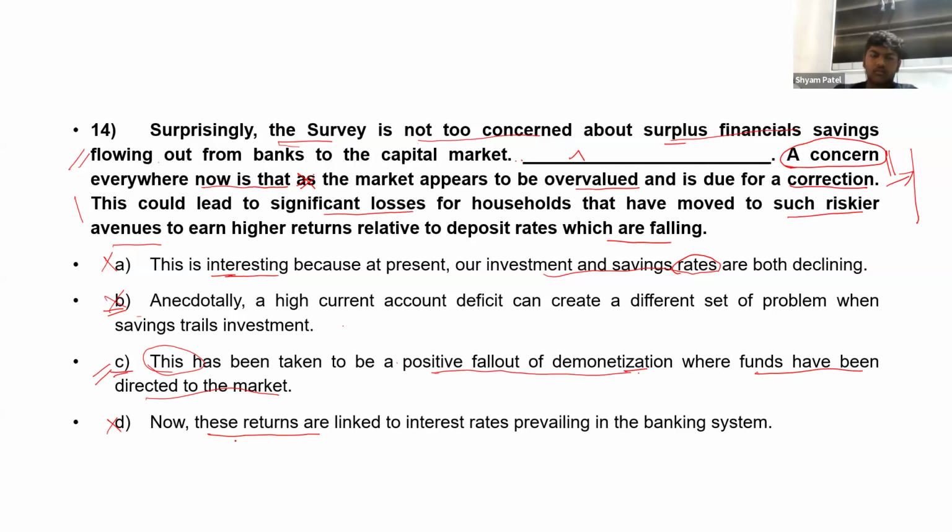These returns, now are we talking about returns? So these returns is not relevant. So eliminated. So what are we left with? We are left with C. Right? So are you still thinking that B could be an answer? No. So you are clear about B not being the answer. Right? Okay. Now coming to the next one.